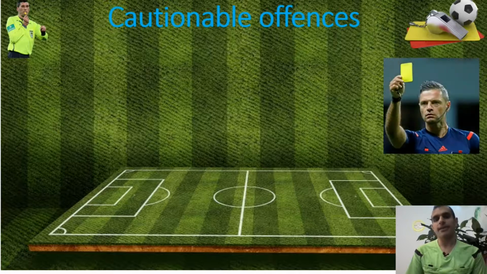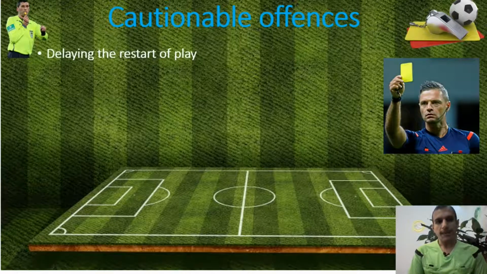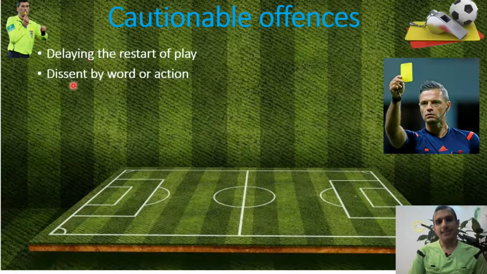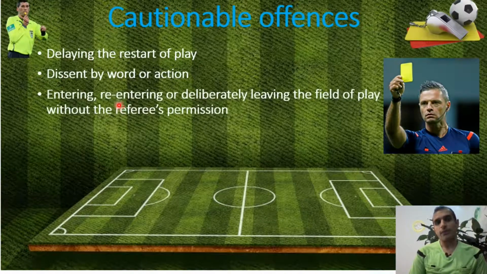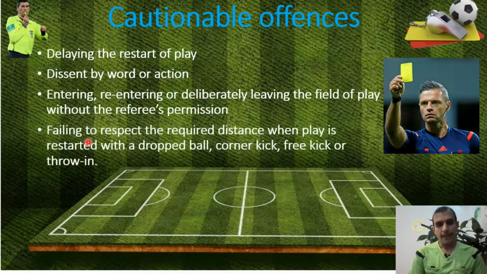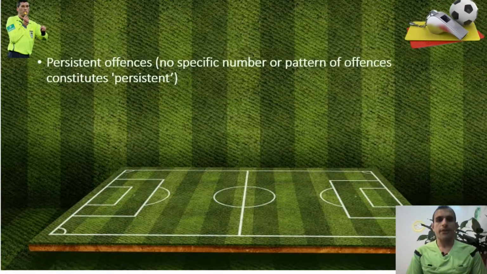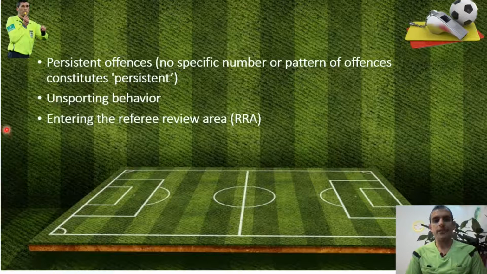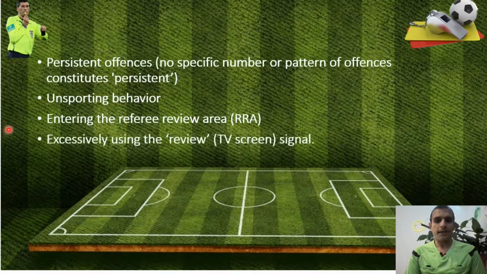Cautionable offenses, I mean the offenses for which the referee will show a yellow card: delaying the restart of play, dissent by word or action, entering or re-entering or deliberately leaving the field of play without the referee's permission, failing to respect the required distance when play is restarted with a drop ball, corner kick, free kick, or throw-in, persistent offenses, unsporting behavior, entering the referee review area, excessively using the review or TV screen signal.